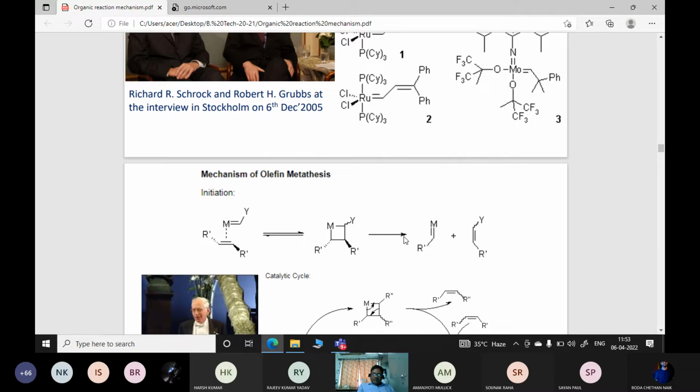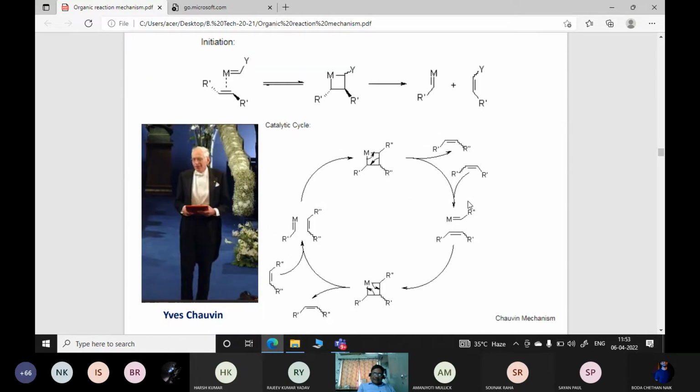So you see here we get the metal-carbon bond with R, and your R group is exchanged with the alkene attached to R dash, and that is also an alkene, but it becomes cis. So geometry also changed. So this is a two-step reaction, just proposed by Chauvin, and you imagine, he became a Nobel laureate. Do you follow me?